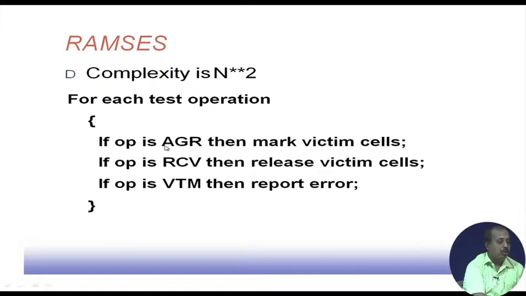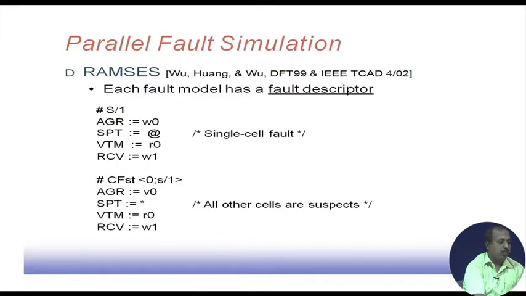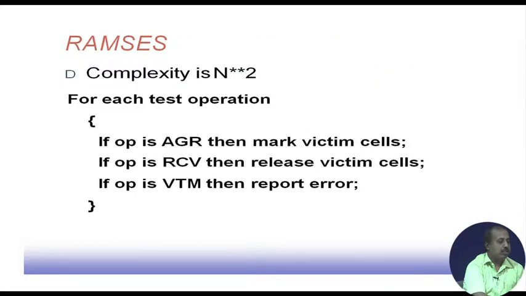This way all the templates that we have in a march test algorithm can be tested in parallel, for all the types of faults that you are going to detect. What we have to do is, for all the fault models that you want to consider, write down the corresponding descriptors like this, and then for the test algorithm specified in terms of march elements, you can do this for each test operation.